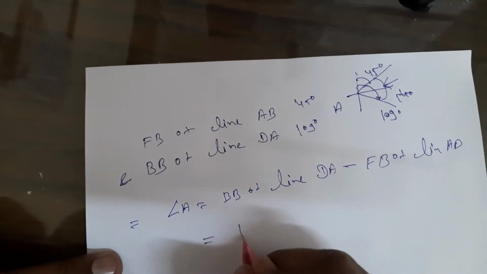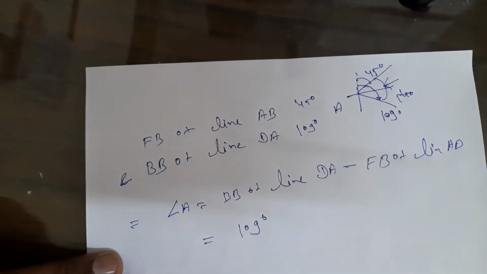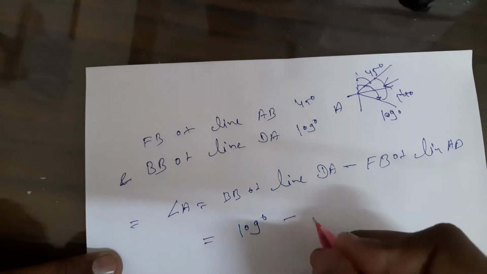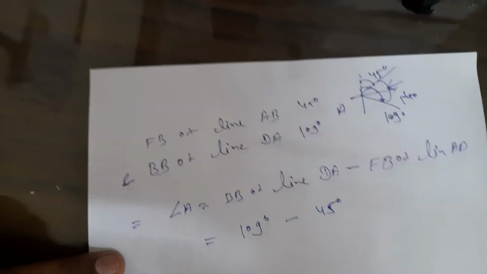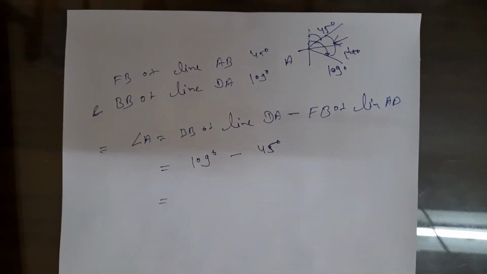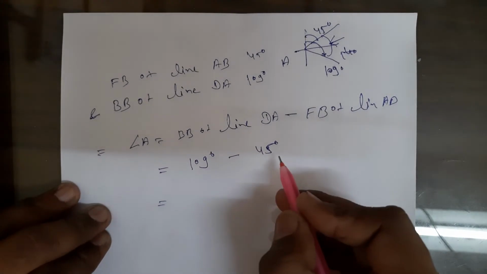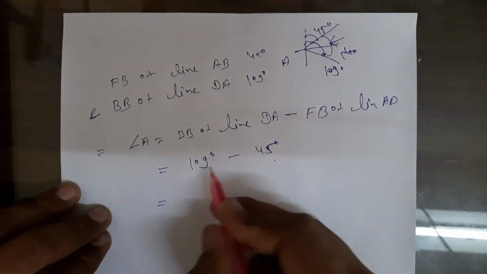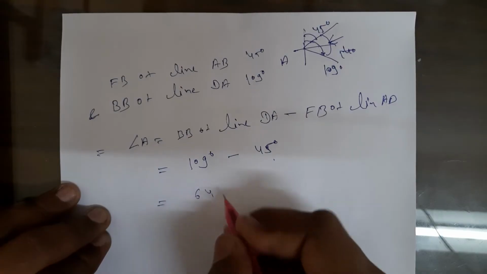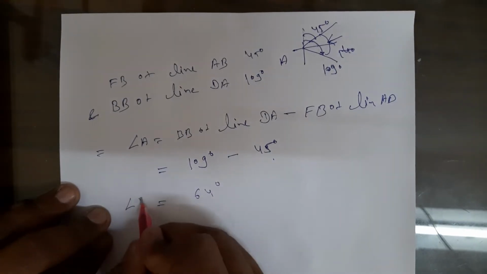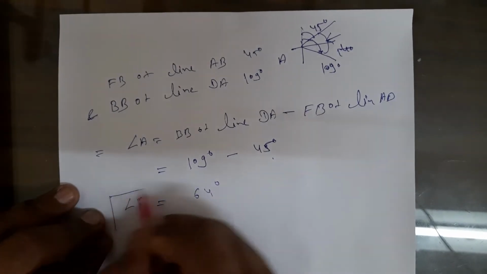So 109 degree minus 45 degree. What is the value? It is 64. Okay, so angle A is equal to 64.